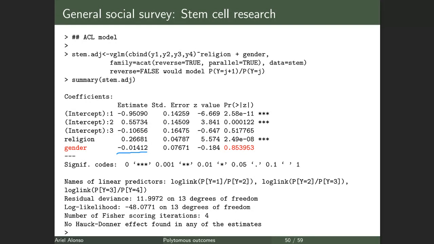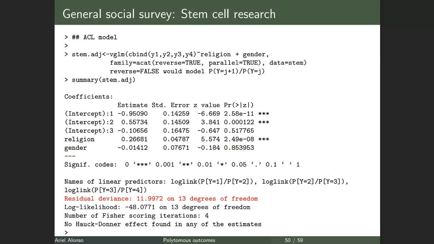So more liberal people tend to support stem cell research more. They will be more partisan of funding this research. More conservative, fundamentalist religious people will be against funding stem cell research, which is quite logical. And women, for some reason, tend to support that less than men, even though the p-value was not significant.